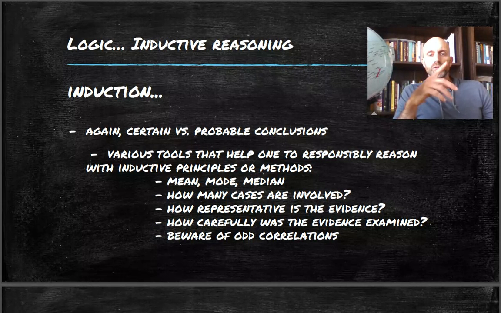Now, that question, how carefully was the evidence examined, really comes into play with the old saying that we love in philosophy: correlation does not entail causation. There's a wonderful little web link, you could probably Google this and find it, that shows all sorts of odd, even silly, correlations that have gone on for years.